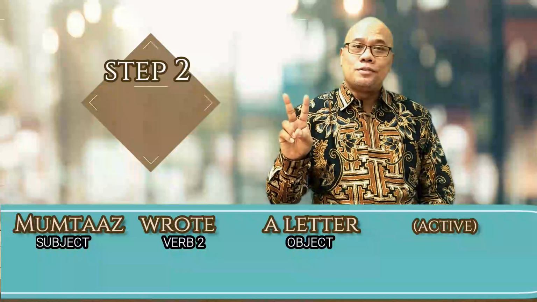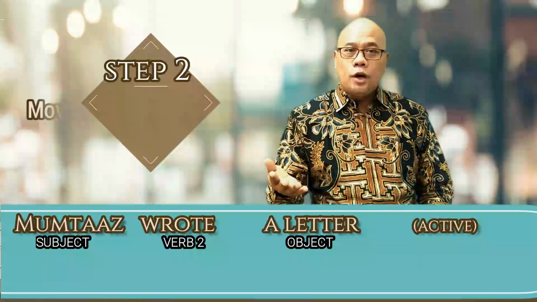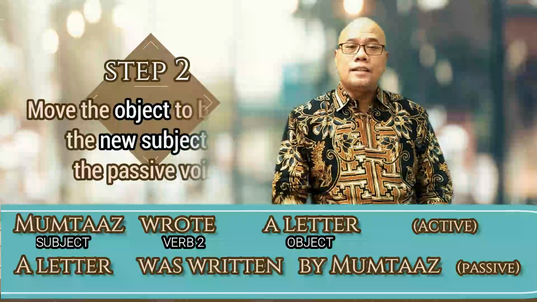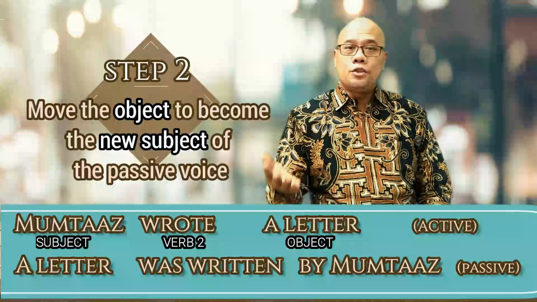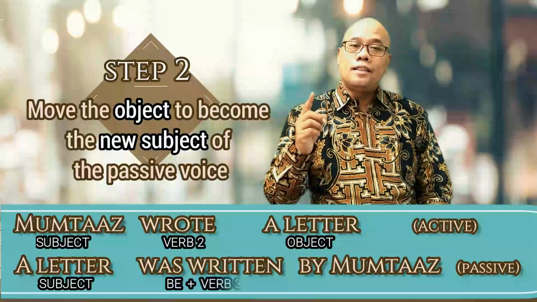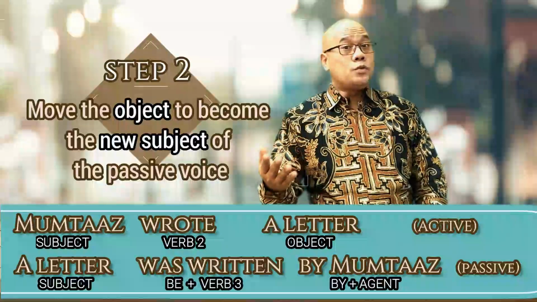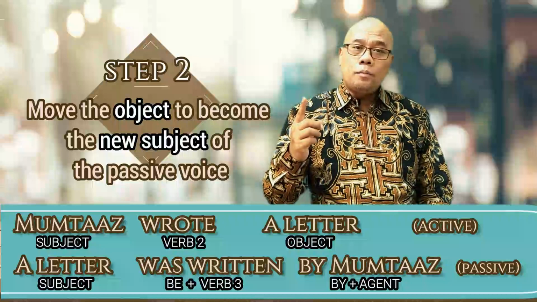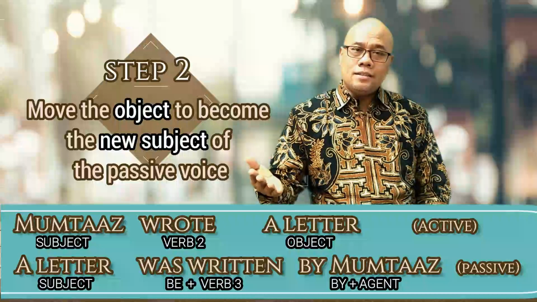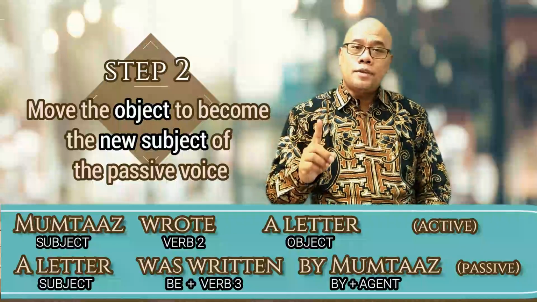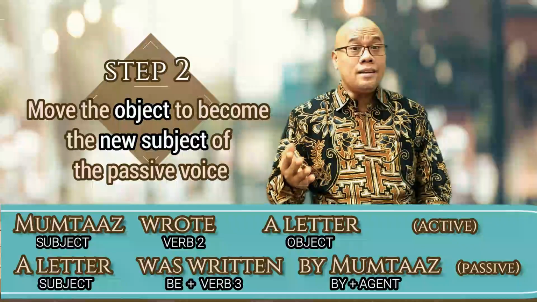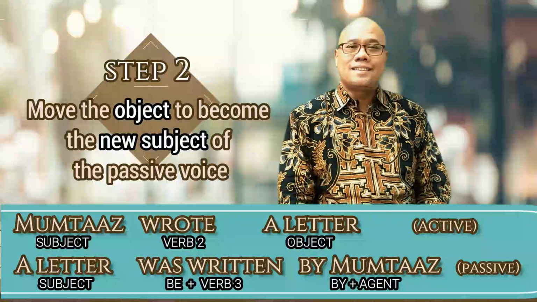Now step 2. Move the object of the active sentence to become the new subject of the passive voice or passive sentence. In other words, we can say the object of an active sentence is now the subject of its corresponding passive voice.